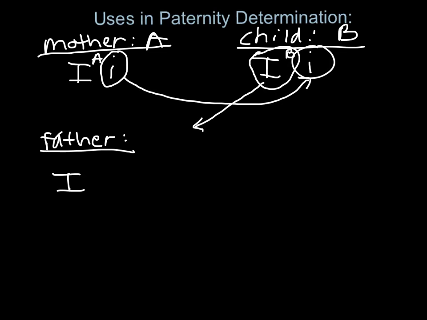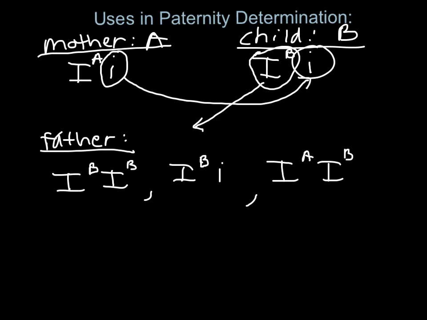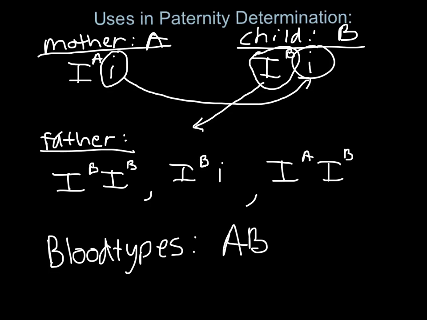These are the options: big I to the B, big I to the B; big I to the B, little i, because that would still be type B, and it would still give a big I to the B allele; and then big I to the A, big I to the B. So the blood types of the father, the possibilities would be either AB or B.